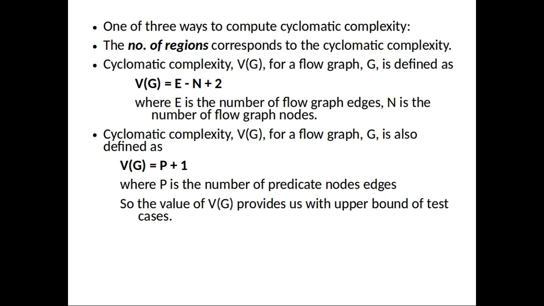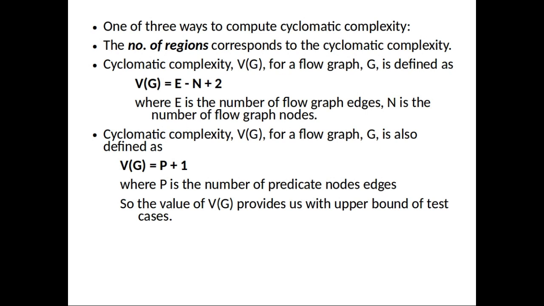Cyclomatic complexity V of G for a flow graph G is also defined as V of G equal to P plus 1, where P is the number of predicate nodes contained in the flow graph G.